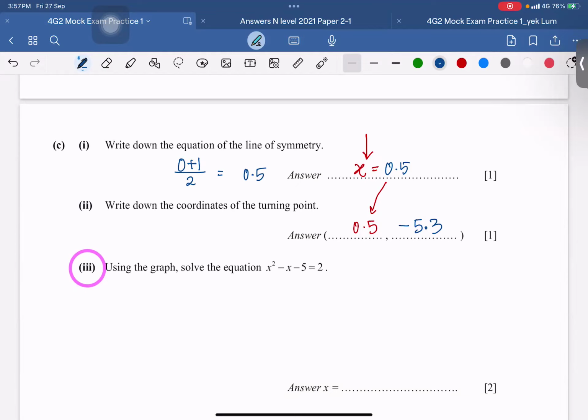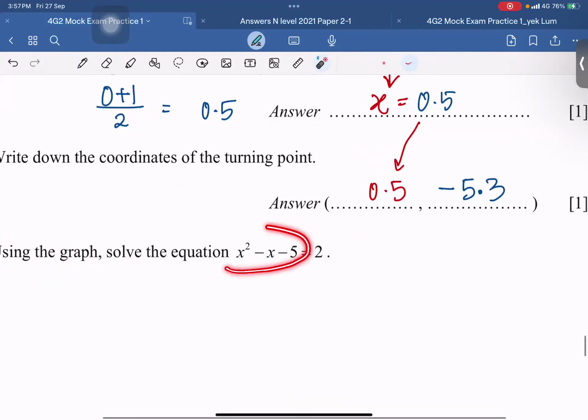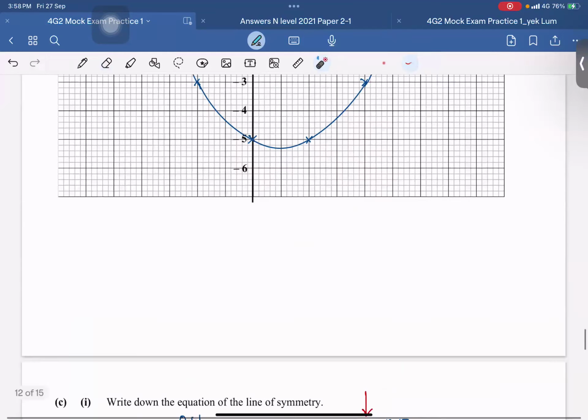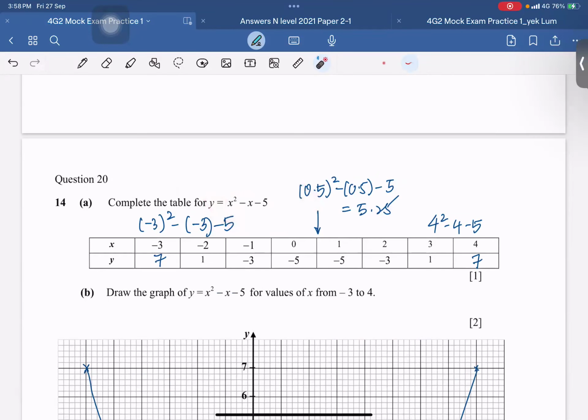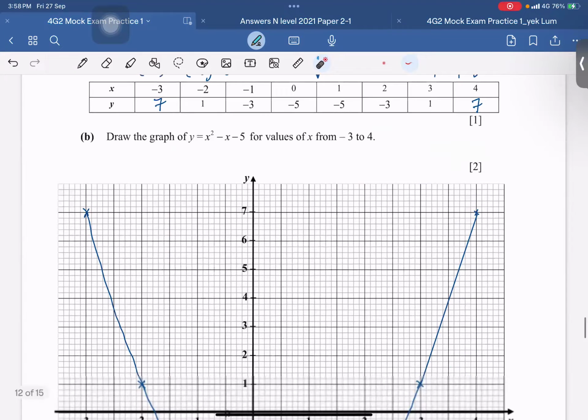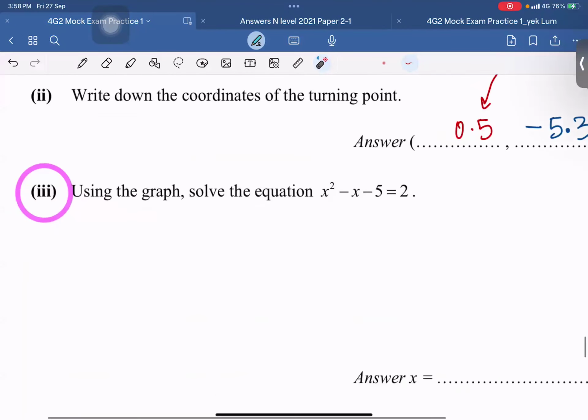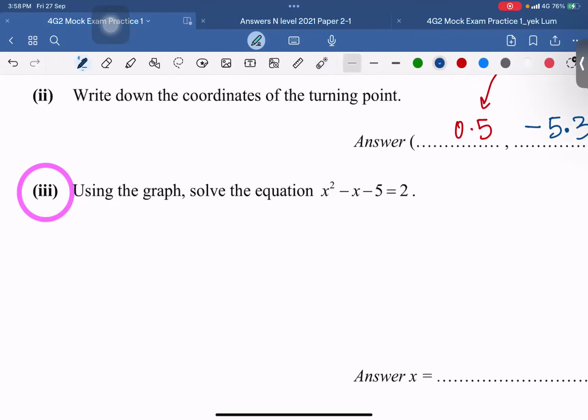Okay. Next one, part 3, a lot of you left blank. Solve this equation. You notice x squared minus x minus 5. This one is actually the letter y. So when they ask you to use the graph to solve this, they are not asking you to do the algebra.